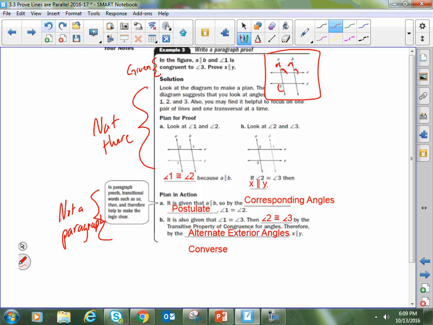If somebody came up to you and started speaking to you in that manner, it would sound very robotic and unnatural. So when you're writing a paragraph proof, don't be afraid to write it out a little bit longer if you need to, because you're using more natural, understandable language. That's okay.